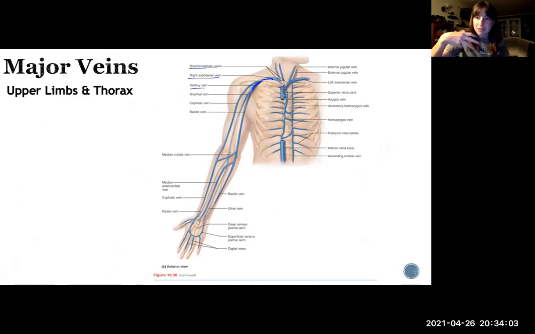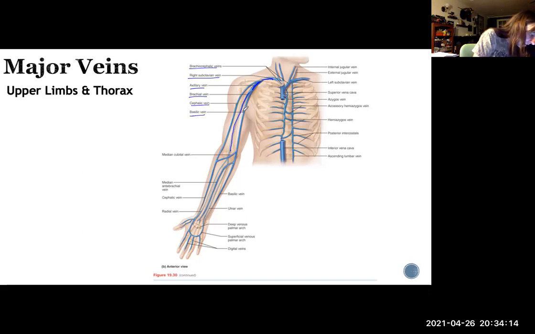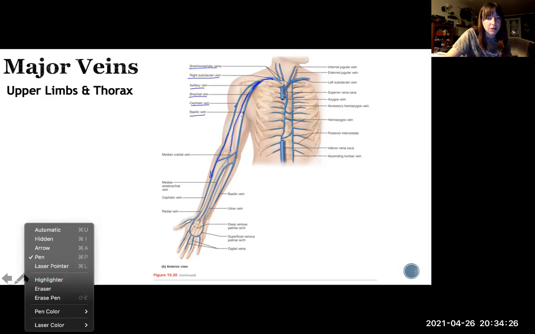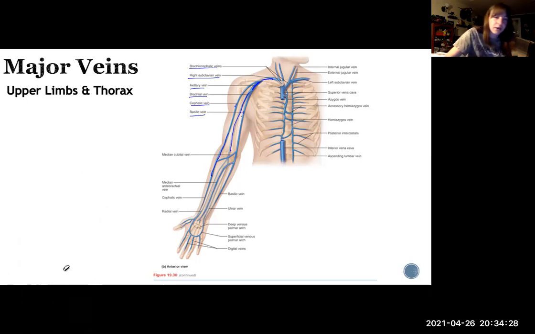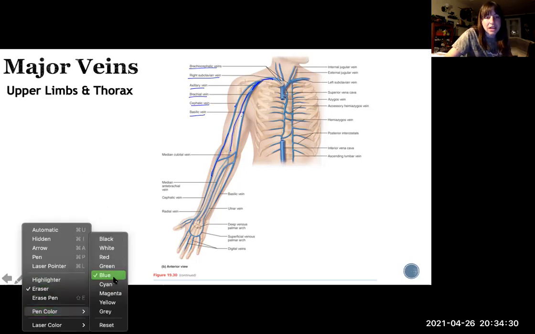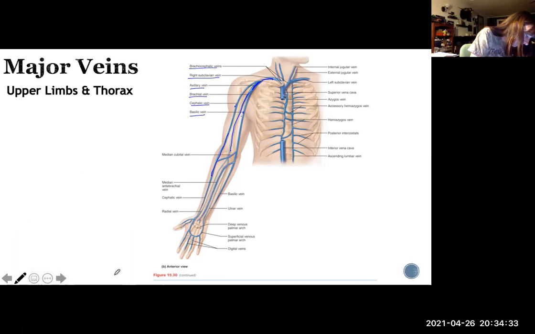Instead, you have a branching of the axillary into the brachial, which runs deep, but you also have the cephalic and the basilic veins on either side of the brachial vein. The cephalic and the basilic are going to go down and continue, pardon my wrong arrow again, they will continue down and become the radial and the ulnar veins, okay?